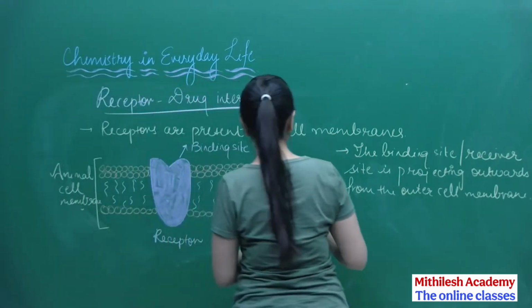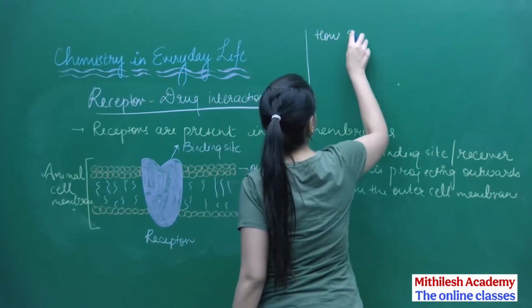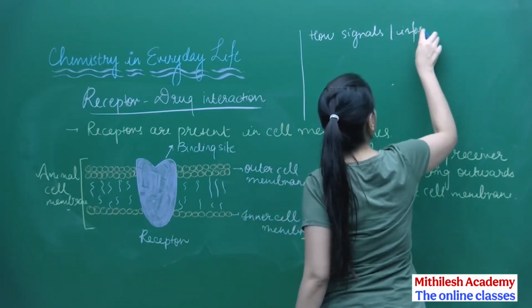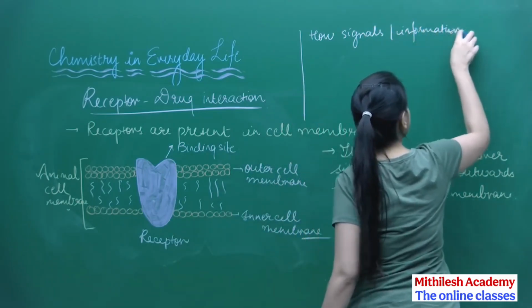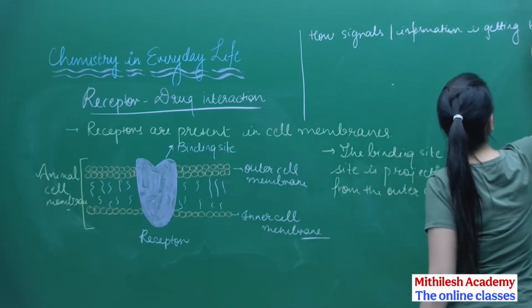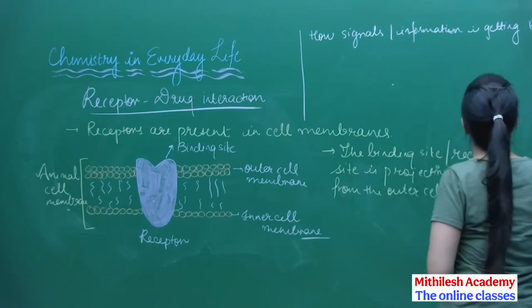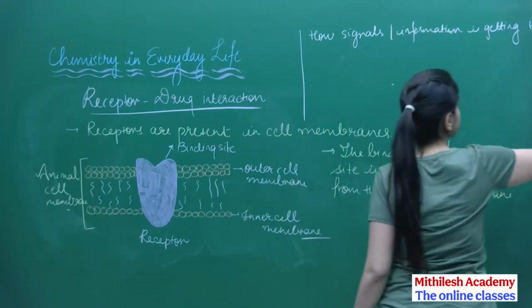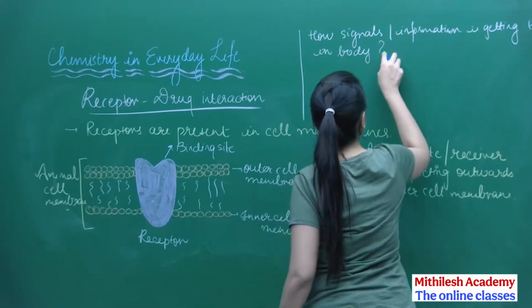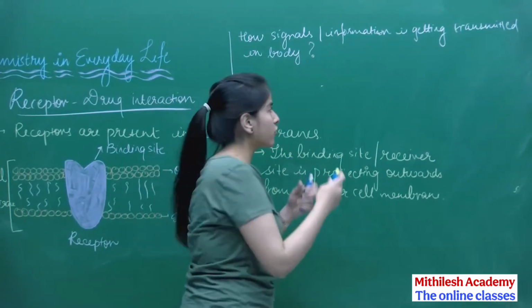So let me just write it over here. How signals or information is getting transmitted in the body. So basically I need to pass on the information. The information is going from one neuron to another.